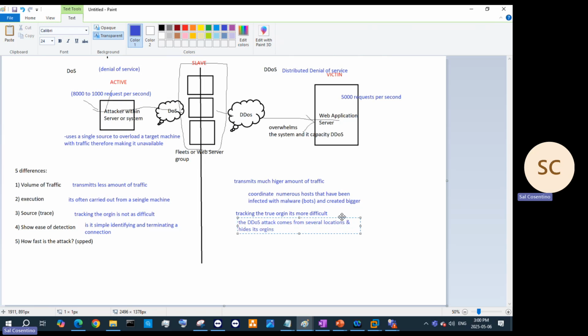So that's what that is. In a DoS it's simple, ease of detection, simple identifying and terminating a connection, whereas the DDoS attack comes from several locations and hides its origin, right?